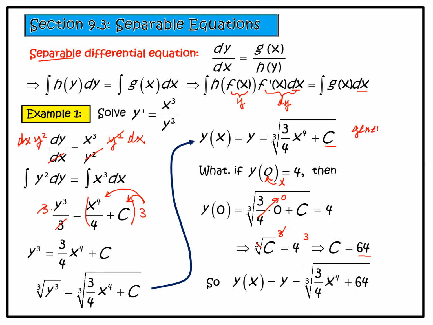And this is a specific solution given this initial condition. When you specify an initial condition like that, a condition at time 0, that makes this what's called an initial value problem.